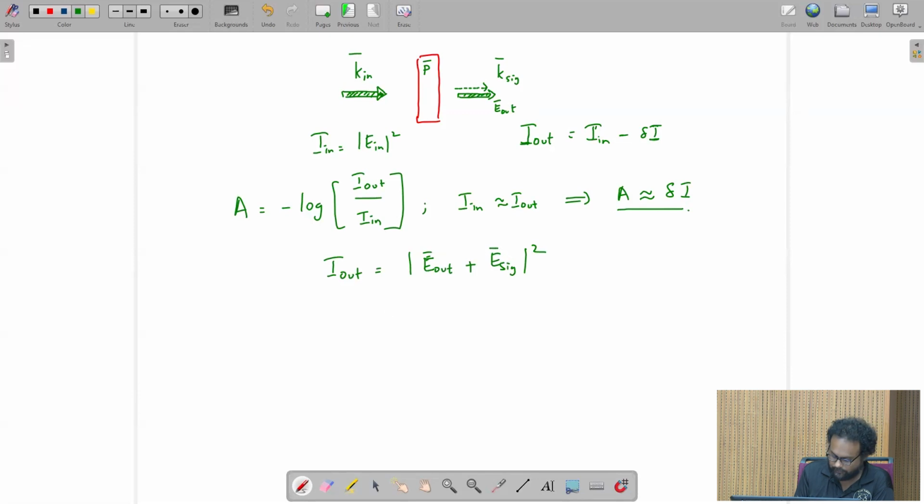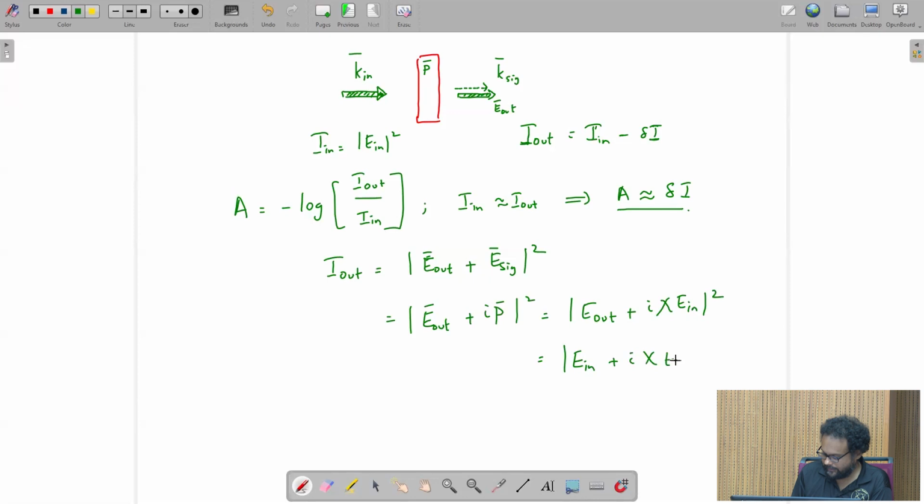That's your signal, and this will be I chi E in square. And I can expand this out, E out plus I chi E in. I have assumed weak absorption, so this will be E in plus I chi E in square.